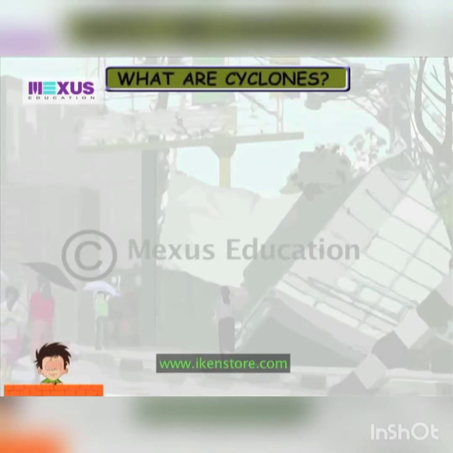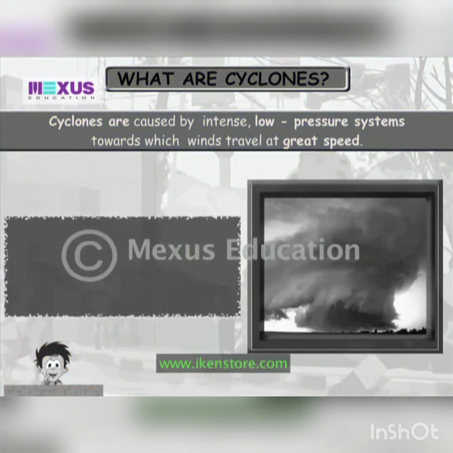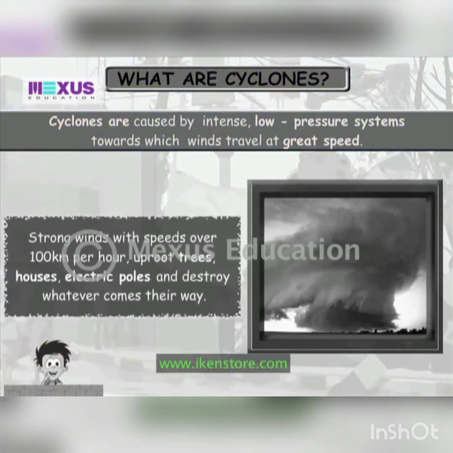What are cyclones? Cyclones are caused by intense low-pressure systems towards which winds travel at great speeds. Strong winds with speeds over 100 km per hour uproot trees, houses, electric poles, and destroy whatever comes in their way.